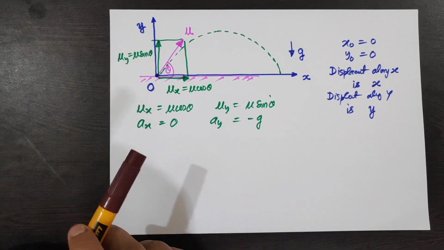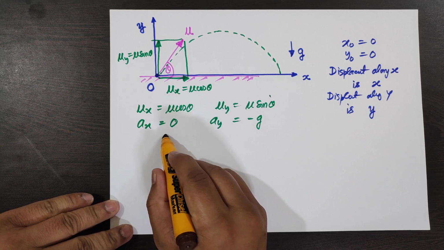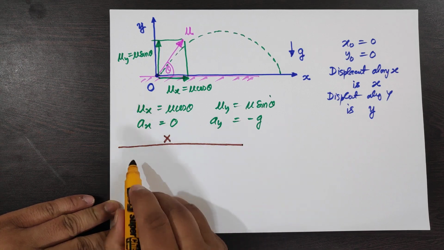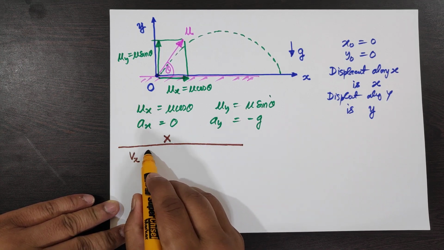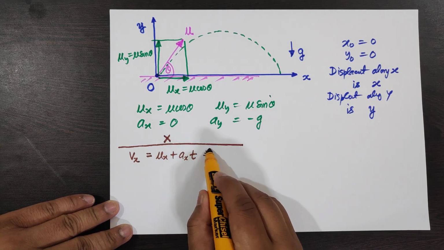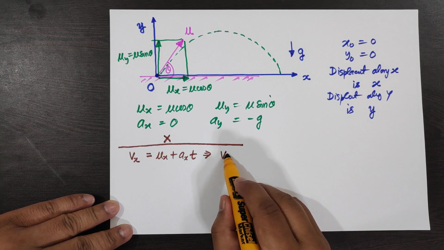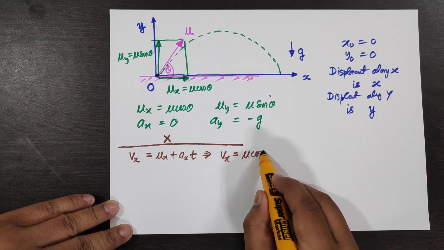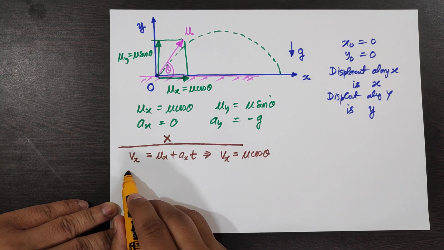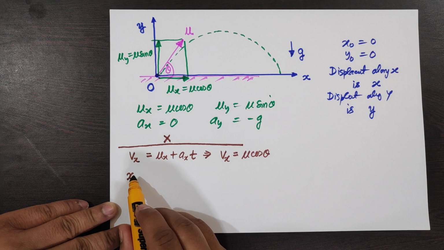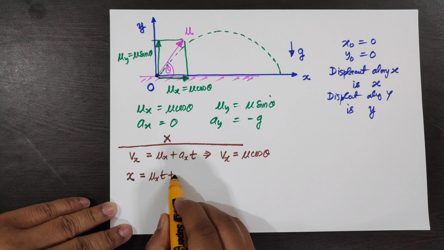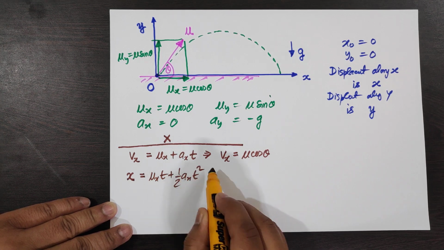Now let's write the equations along x and y axis. First, along x axis, what will be the equations? Vx equal to ux plus axt, which implies Vx equal to u cos theta. Next equation, displacement x, should be x minus x naught, but x naught is 0: x equal to uxt plus half axt square.